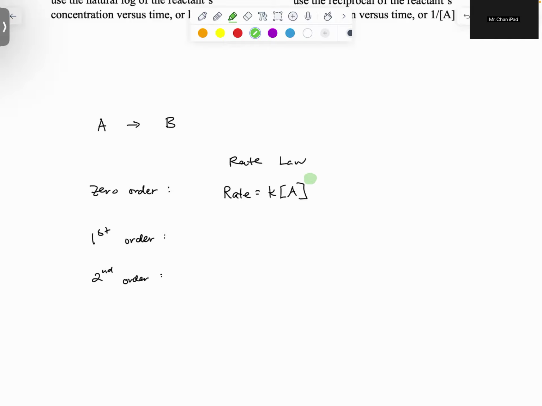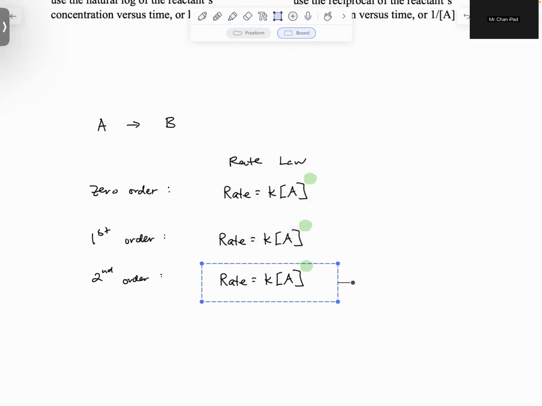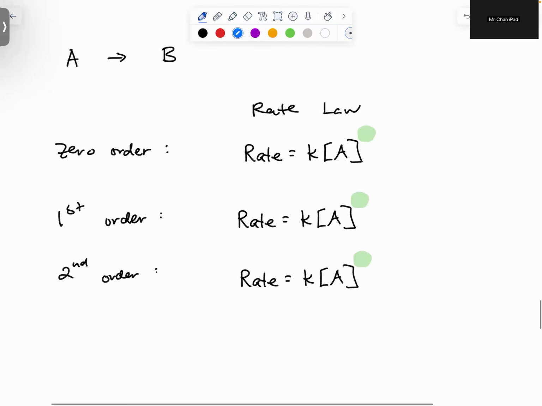Now, if there are more than one reactant, then you will have more to multiply. But for this case, we have only a single reactant. So we'd say, all right, just A. But A to the what power? That is the question. Well, that's why we have these orders. They're the powers.